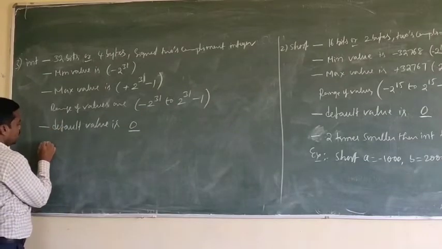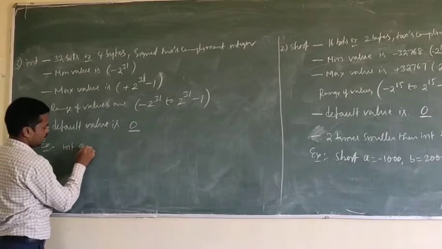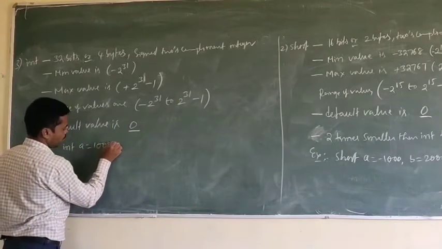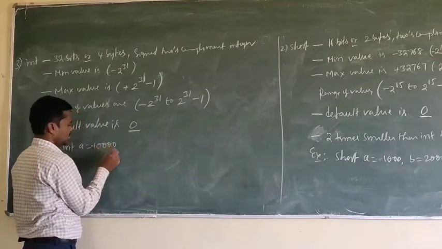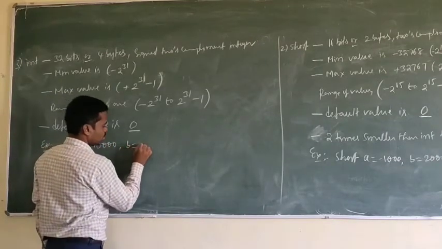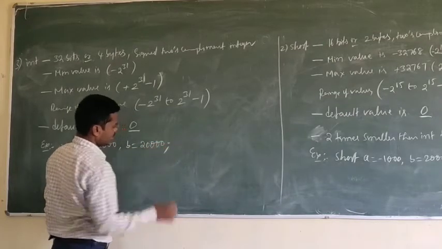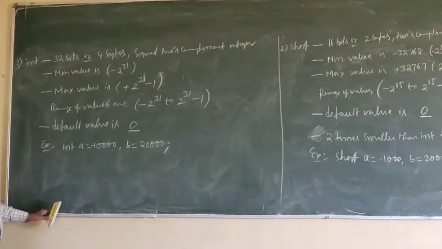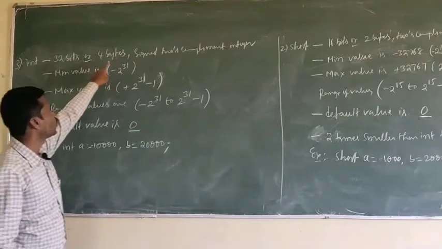Then one example for integer: int a is equal to minus 10,000, b is equal to 20,000, like that. This is the integer type. Understood? The size of integer type is 32 bits or 4 bytes.